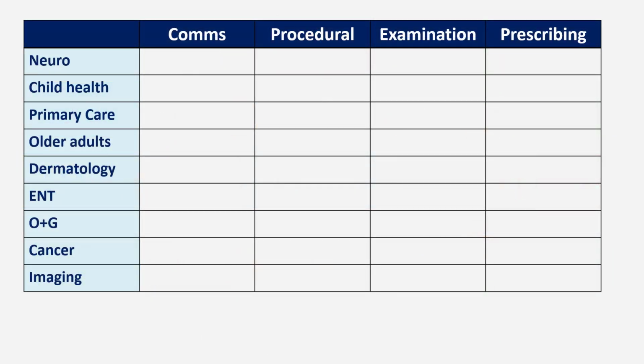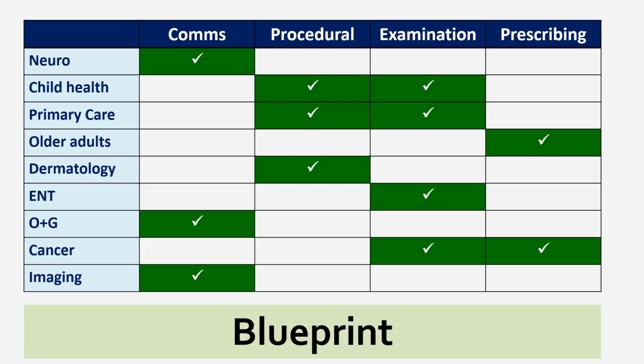We can represent this very simply here with a list of the key domains versus the key skills, and by selecting an appropriate combination of these skills and domains. We can't measure communication skills in every one of the disciplines, and we can't measure every one of the disciplines in communication and procedure and examination and prescribing. So we create the blueprint, making sure then that overall our exam covers a sufficient range of the curriculum to be confident that the overall construct is being covered.